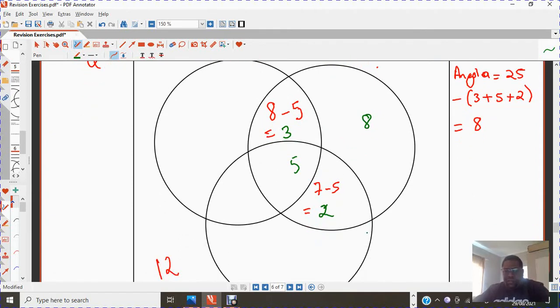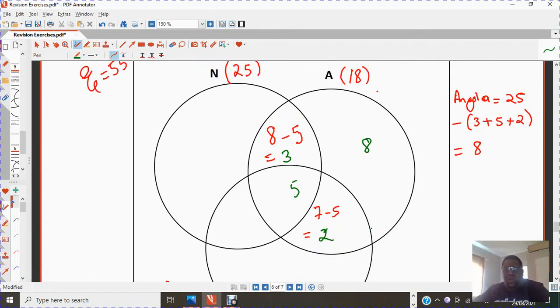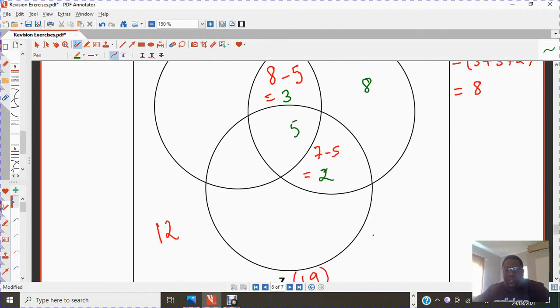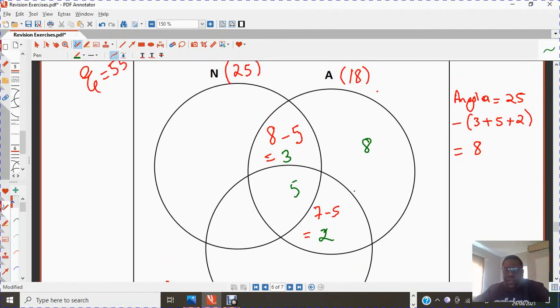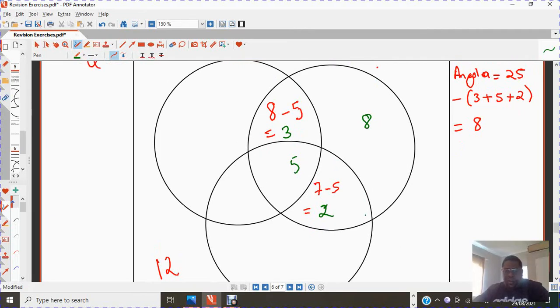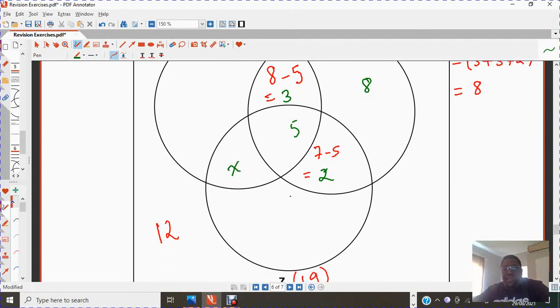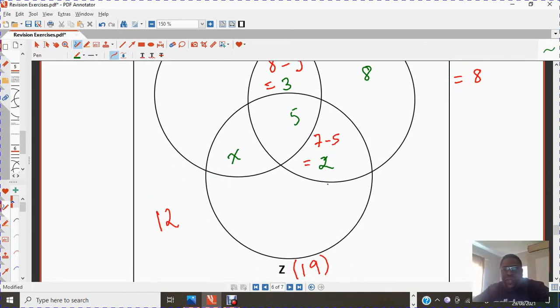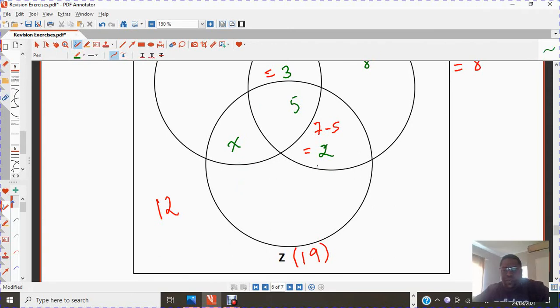The one that is difficult though is we don't know how many students have citizenship of Namibia and Zambia. Since we don't know how many citizens there are, we can call this unknown X. Now, if you look at this green for Zambia, the X plus the 5 plus the 2 should give you 19.